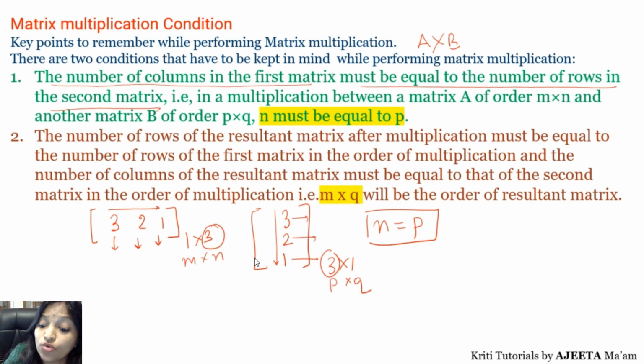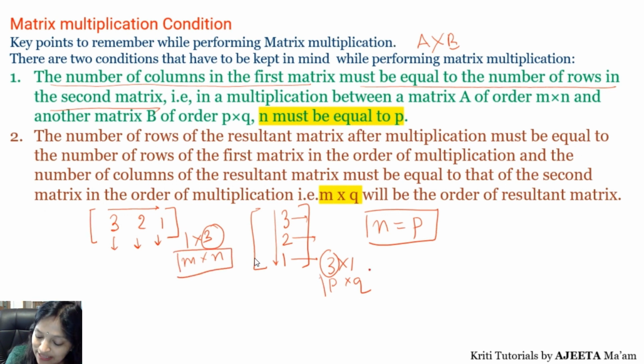What does m by q mean? It is the concluding part of the first point: if you have a first matrix of order m by n and a second matrix of order p by q, then the resultant matrix will be of the order m by q.